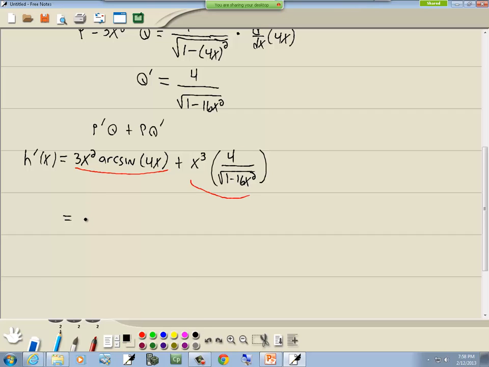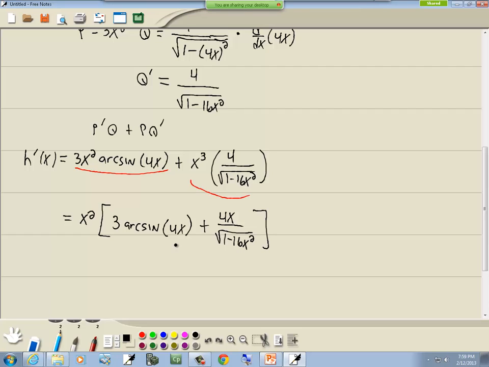Well, they both have an x squared in common, so I can factor that out. And that leaves us 3 arc sine of 4x. And we had x to the third here. We took 2 away, so that leaves us single x. So we got plus 4x over the square root of 1 minus 16x squared.